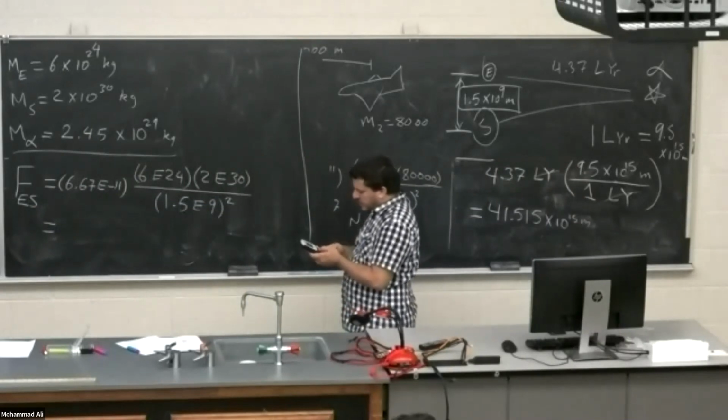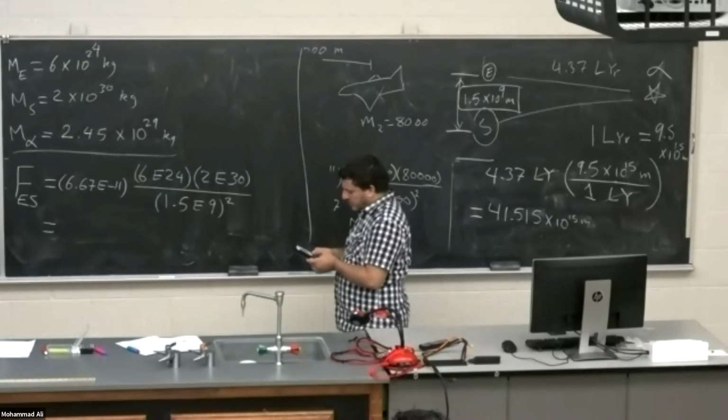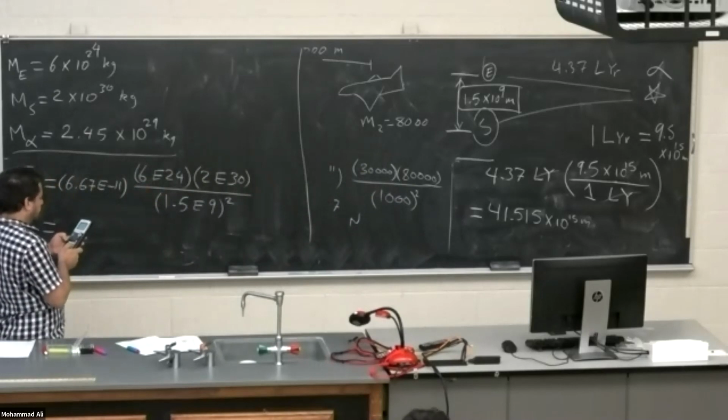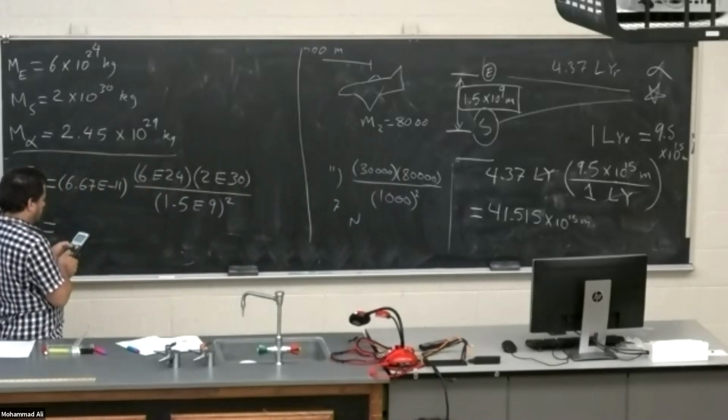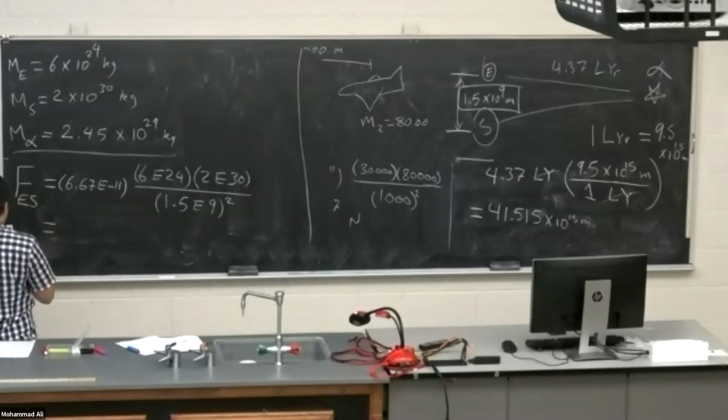Again, it is 6.67 e to the minus 11, multiplied by the mass, which is 6 multiplied by 10 to 24, multiplied by 2 times 10 to 30, divided over 1.5 multiplied by 10 to the 9, squared.